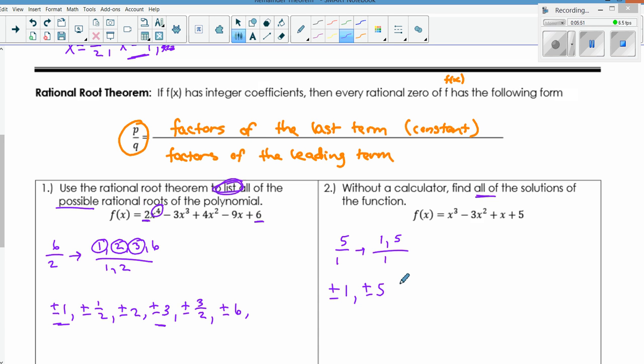So those are my 4 possible roots. So I'm just going to test them to see which one works. And then once I use synthetic division, it'll go down to a trinomial. Okay, so I'm going to try positive 1. And I have a 1, a negative 3, a 1, and a 5. Okay, so negative 2, negative 2.